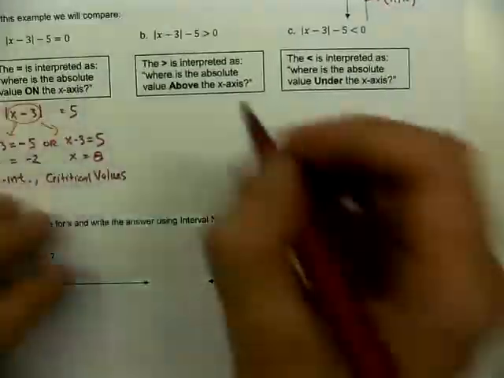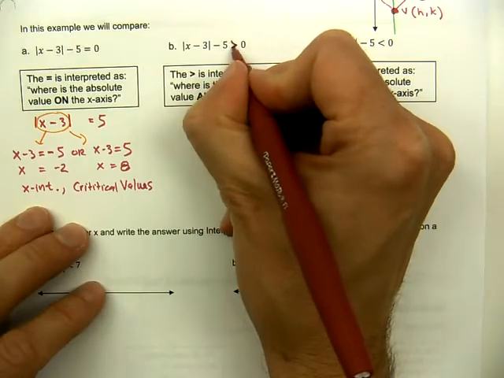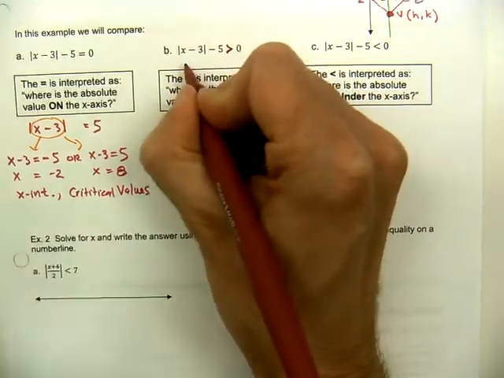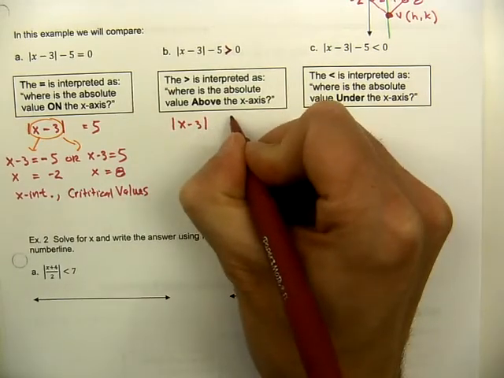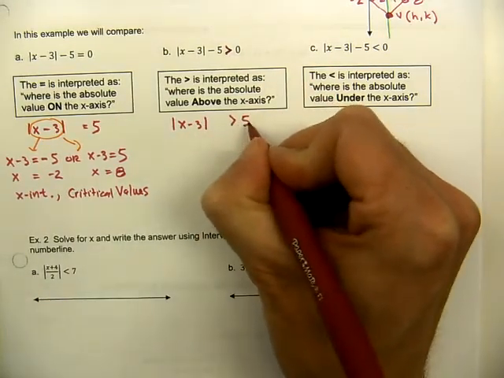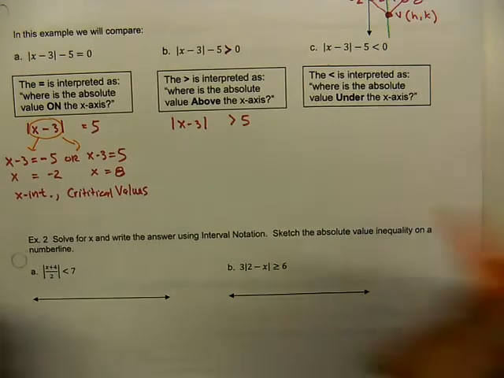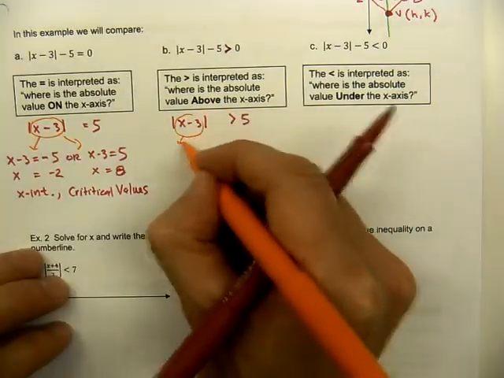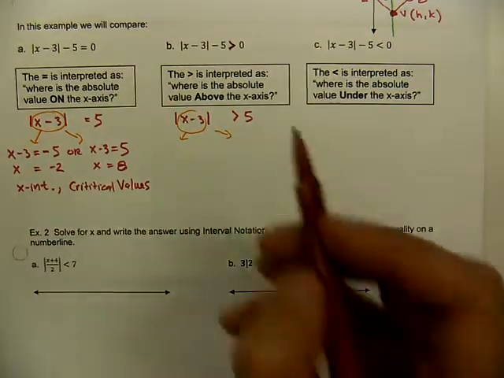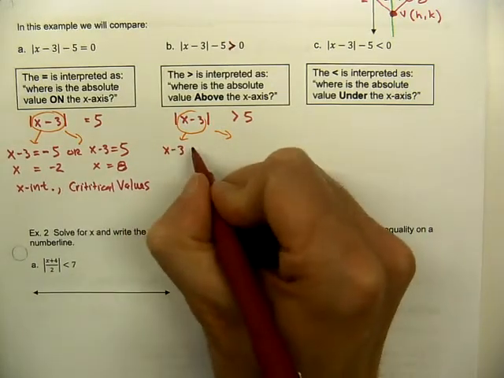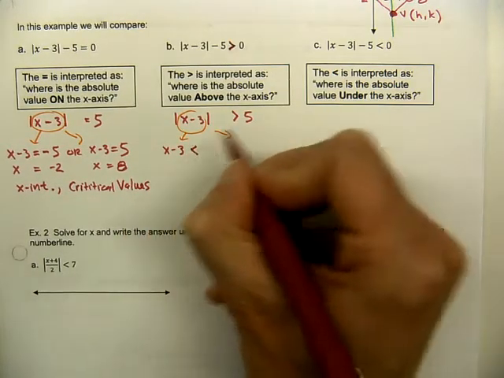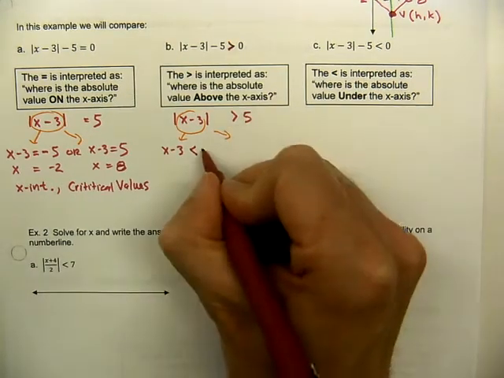So when we have the greater than sign, again, we have to isolate the absolute value. So we have absolute value of x minus 3 is greater than 5. And we saw from the previous page that, again, we're going to split this up into 2 different little mini inequalities. So we have x minus 3. Now you change the sign to less than, and you make it the opposite of 5.